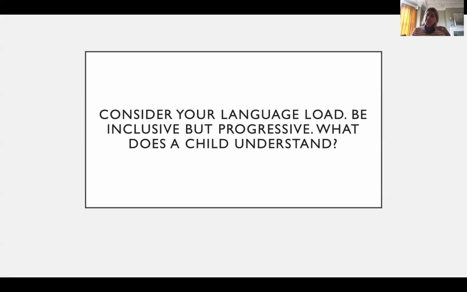But actually, measuring where different children are in that column is really useful to reflect on and to think about, right, okay, well, what does that mean to the language that we add, and how much language we use to simplify where needed, but not to oversimplify, so that I have this really inclusive approach, but I'm also making sure that my target is progression as well, for sure.